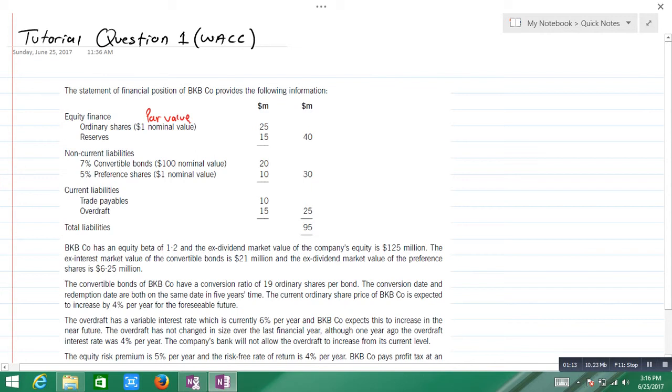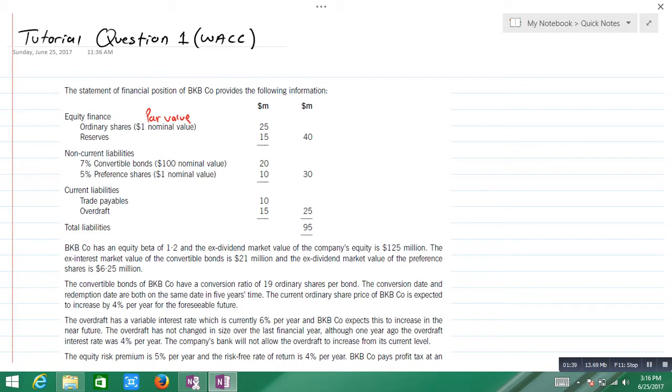And as you guys know, when we calculate WACC, we will only be including ordinary shares, debt, and preference shares. Okay, ordinary shares, debt, preference shares. There's only three items that we'll be including in the calculation of WACC. You must understand that.